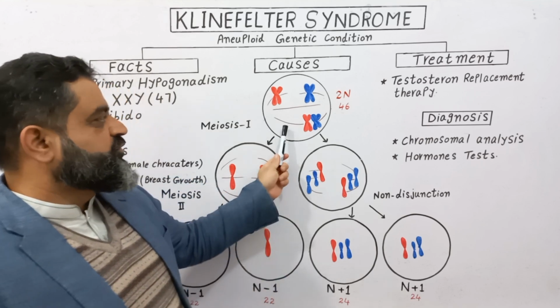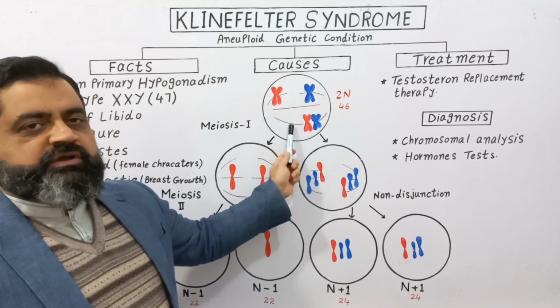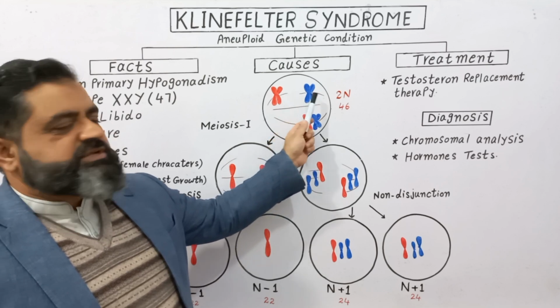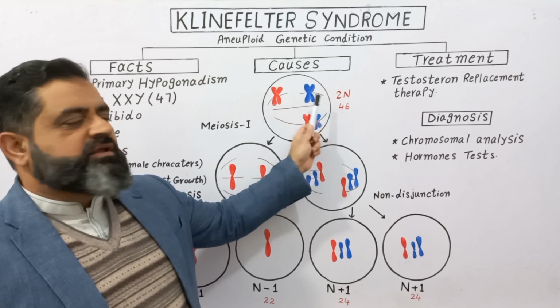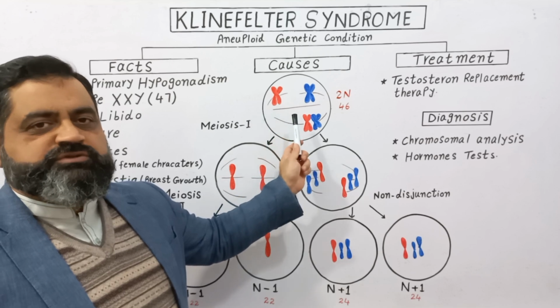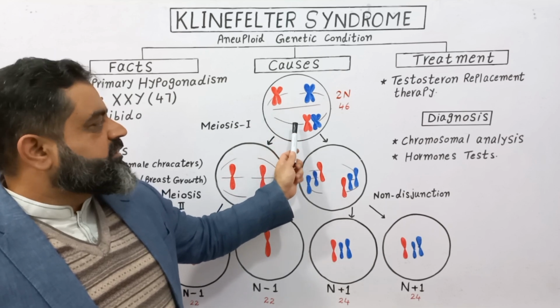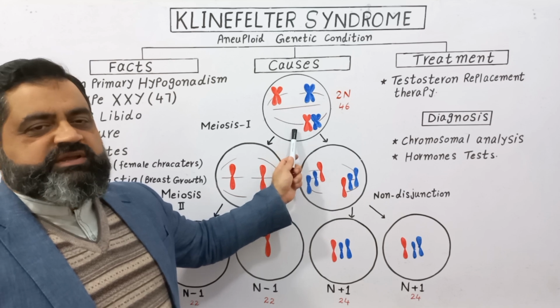As you can see right over here, I have shown only two pairs of chromosomes. One pair is going to be segregated. This chromosome is going toward one cell and the other chromosome is going toward the other cell produced in meiosis 1. But the second pair of homologous chromosomes fails to segregate.